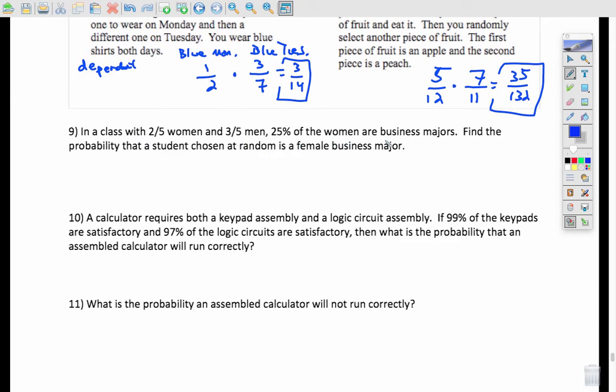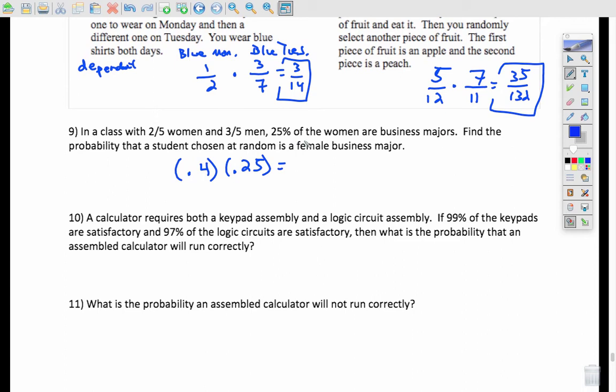Okay. This one's a little bit interesting. In a class with 2/5 women and 3/5 men, 25% of the women are business majors. Find the probability that a student chosen at random is a female business major. Well, the chance of selecting a woman is 0.4, or 2/5. To select a woman who is also a business major, you have to select the lady first, and the chance of that is 0.4.